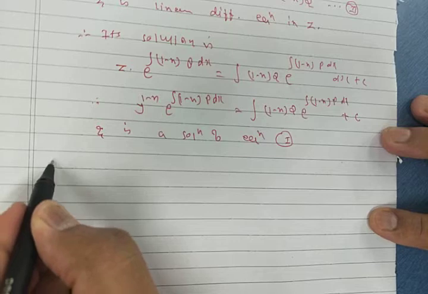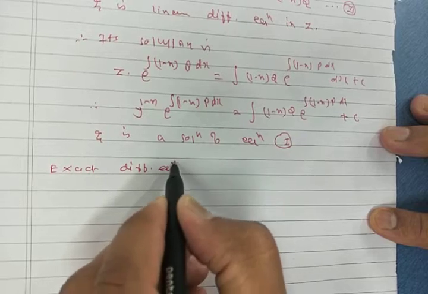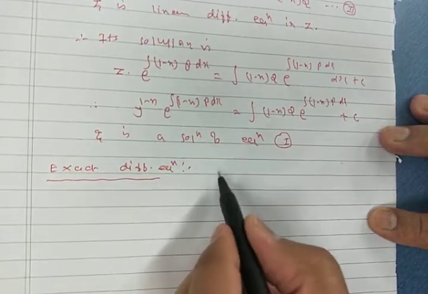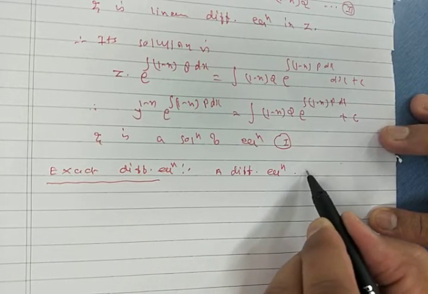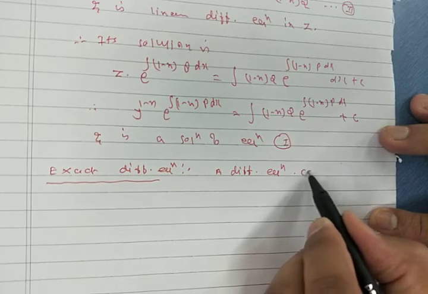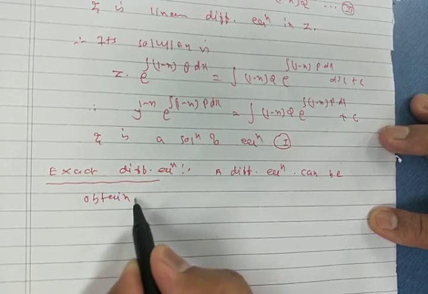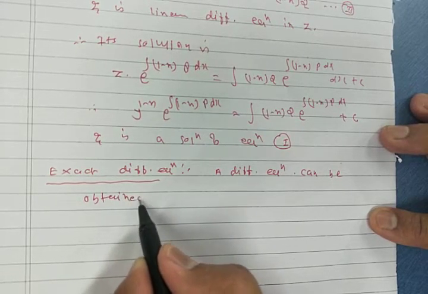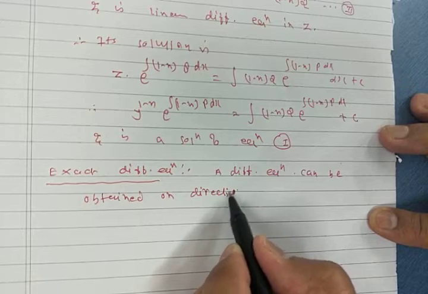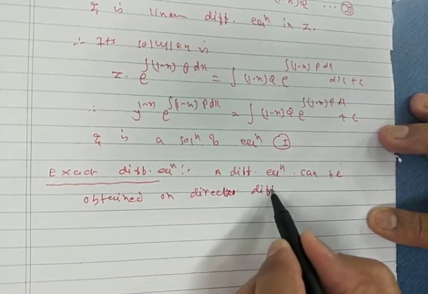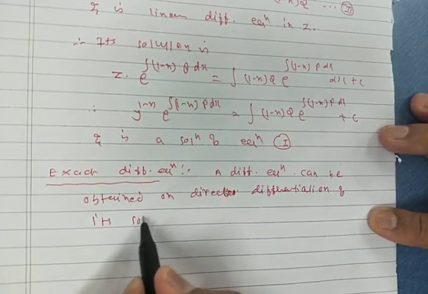And before that, one definition. Exact differential equation. A differential equation can be obtained on direct differentiation of its solution.